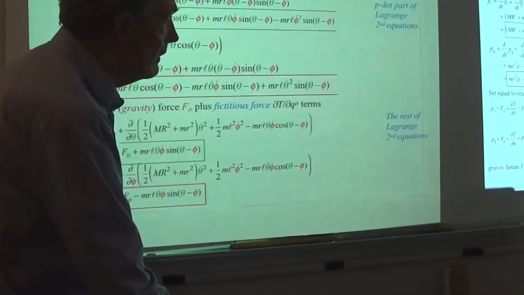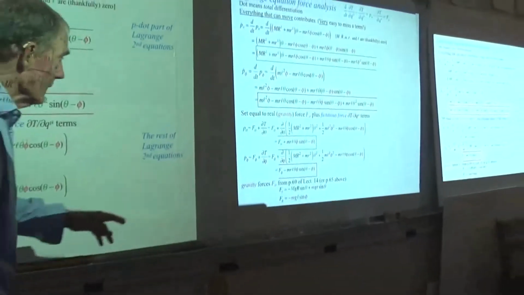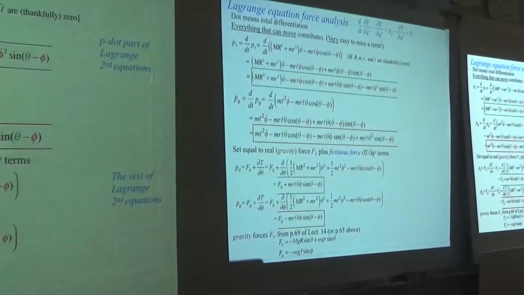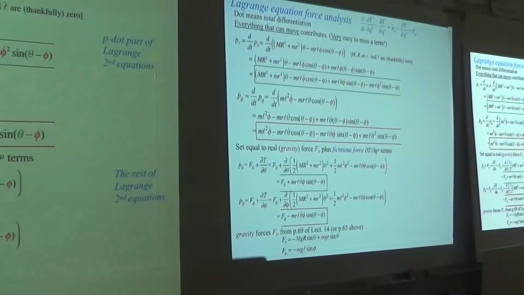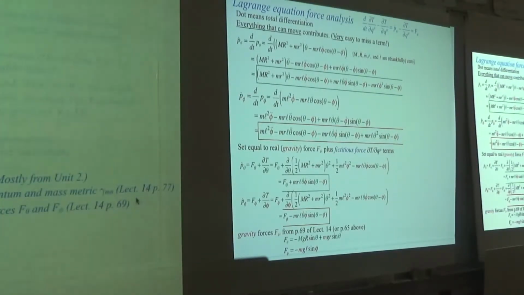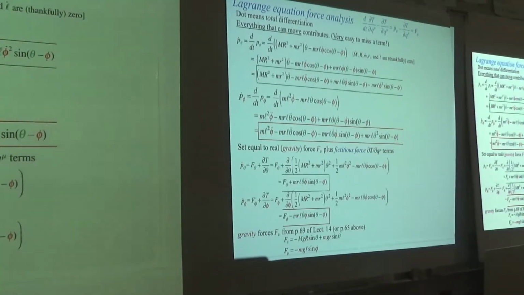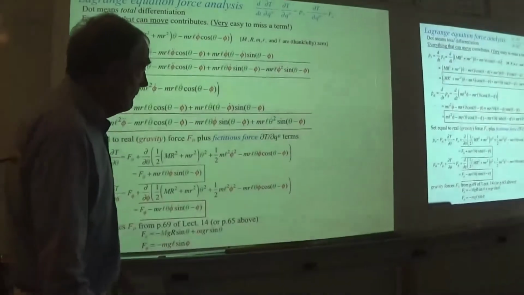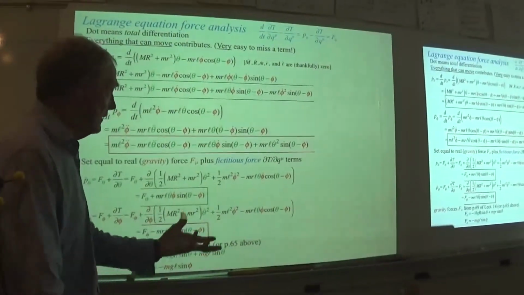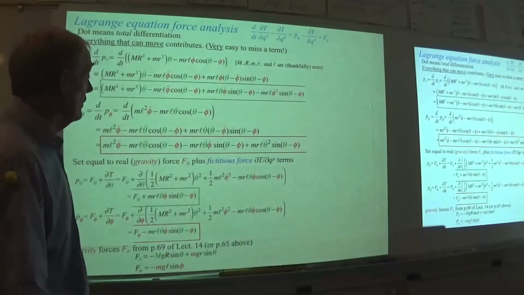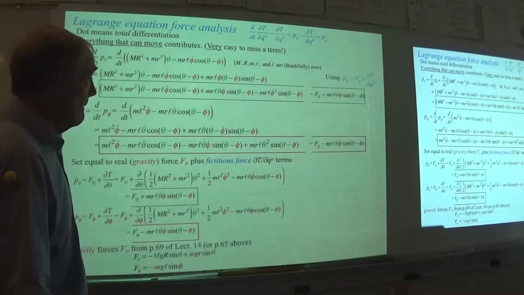So these gravity forces came from page 69, lecture 14, or before on that particular slides on page 65. So this is where we stand right now. We need to sort all this out to get what would be a computer entry to solve for to make a simulation of a trebuchet.